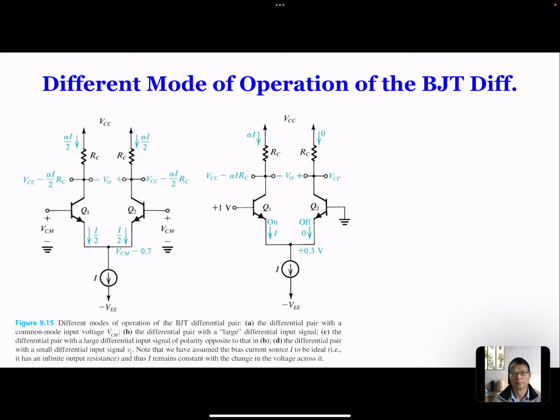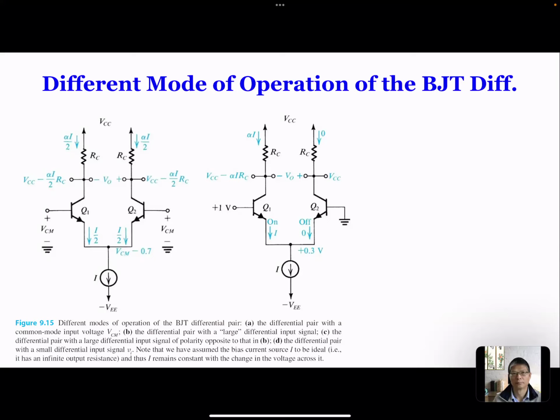So with common mode, we're going to apply a voltage at the base of each BJT, the same voltage, VCM, same VCM, same VCM. So now, if this is VCM, how much is the voltage over here? If the base is VCM, the emitter is VCM minus 0.7, exactly.